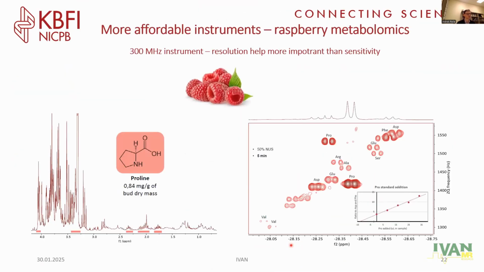For instance, this is a practical study for an agricultural research group, where they only had access to a 300 megahertz instrument because, at an agricultural university, they have access to what they can access. They are interested in profiling amino acids in raspberries.